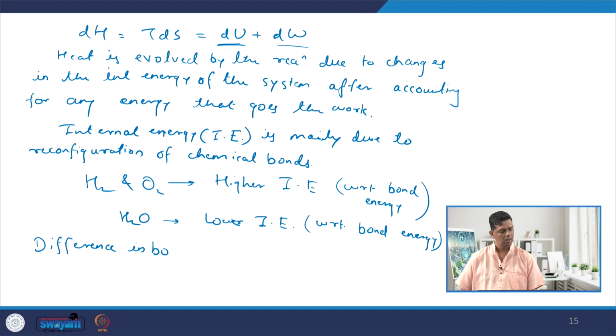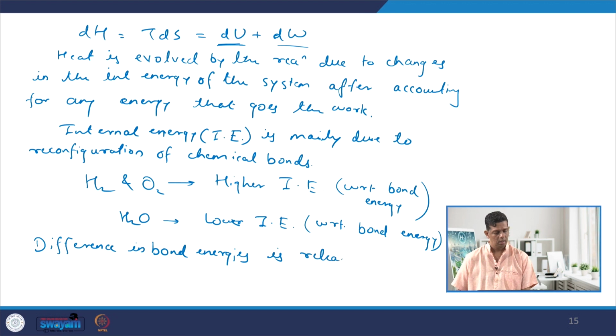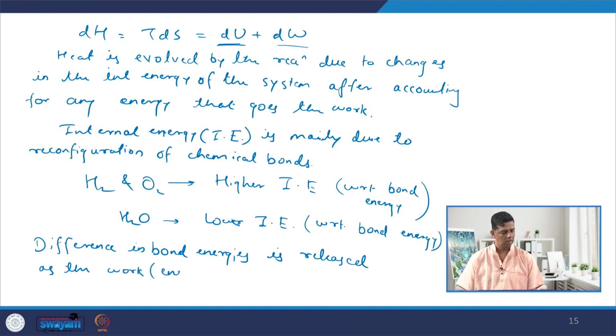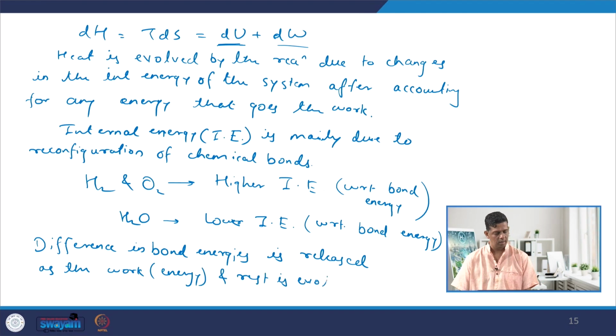So this difference in bond energies of the reactants, that is H2 and O2, and the product H2O in the case of fuel cells, is released as energy or work, and the rest is evolved as heat.